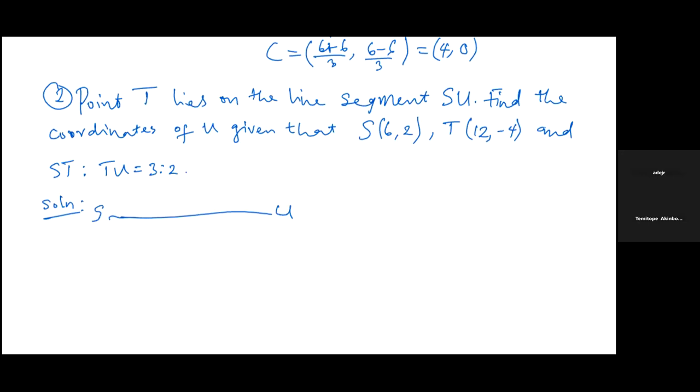Yes, sir. Now coordinate of S is (6, 2), while that of U is unknown. So let's call that (X2, Y2).